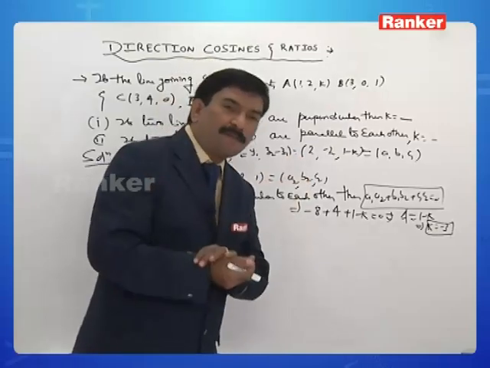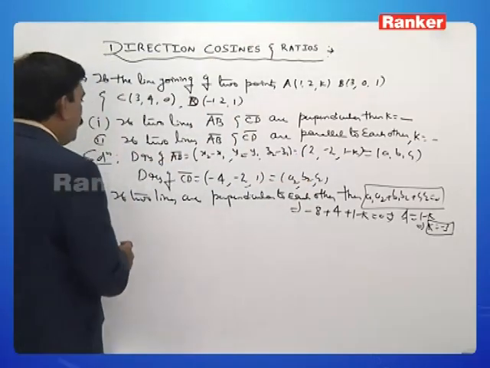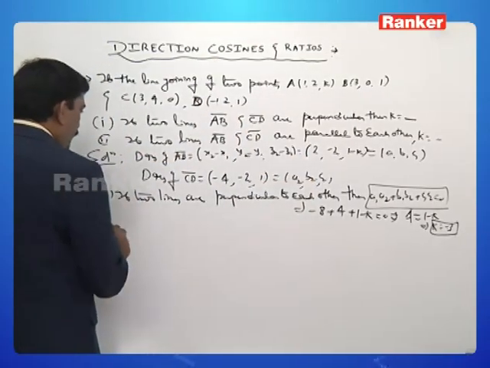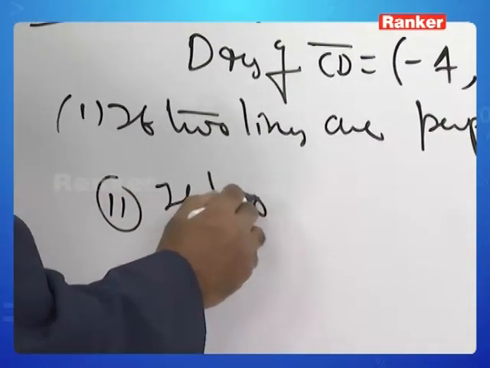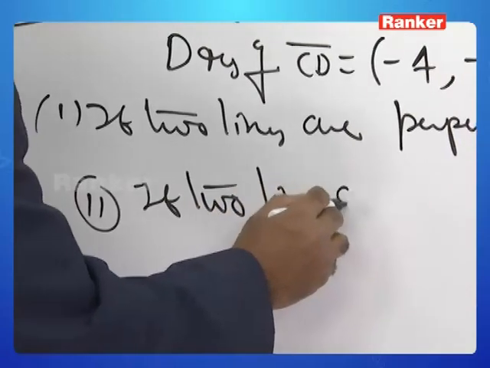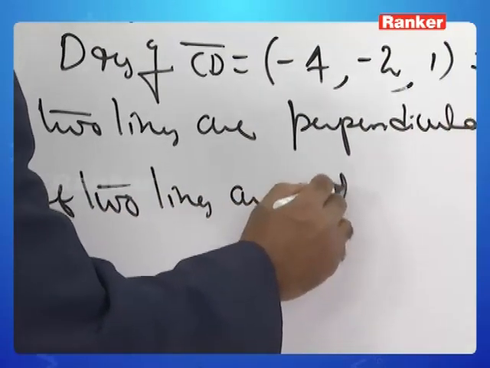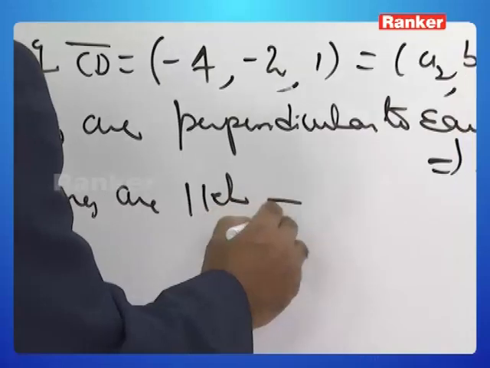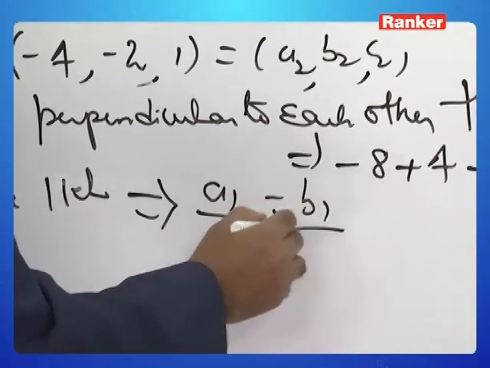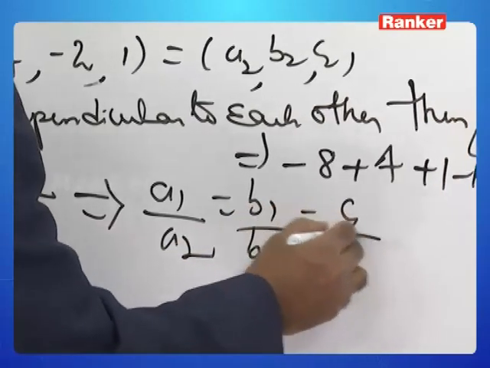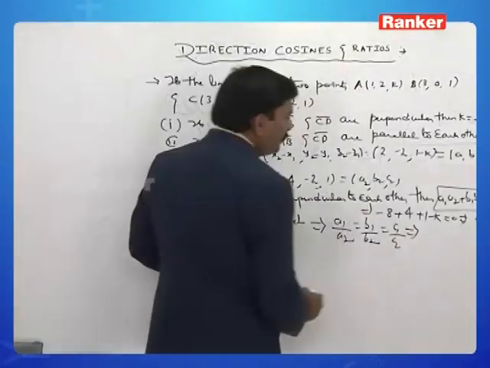Now for the second one, if two lines are parallel, then A1 by A2 equals B1 by B2 equals C1 by C2.